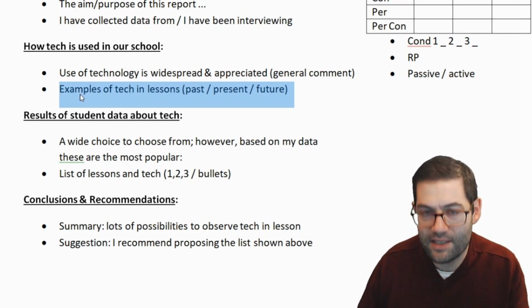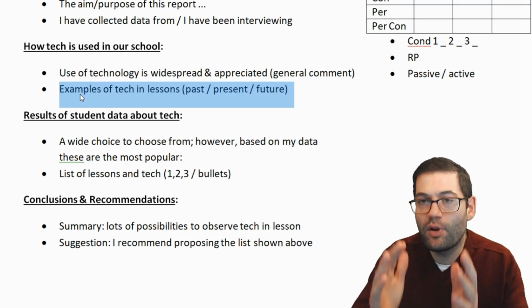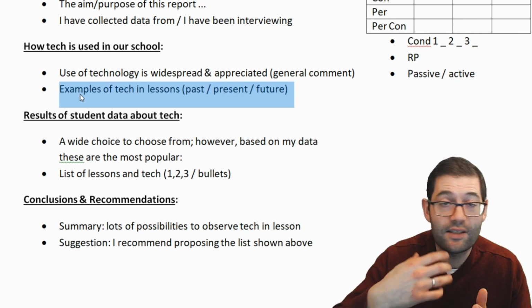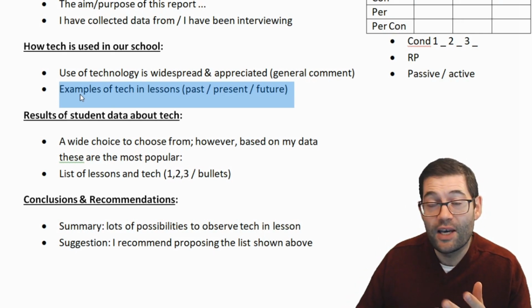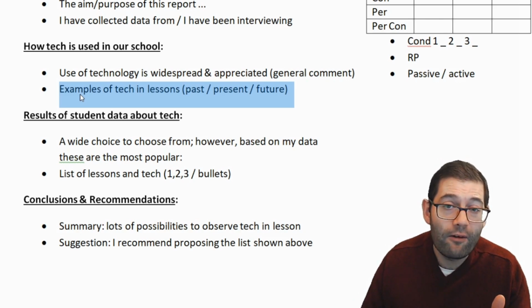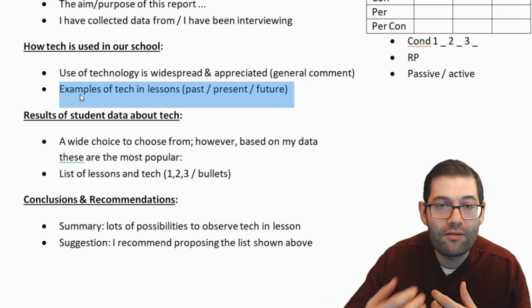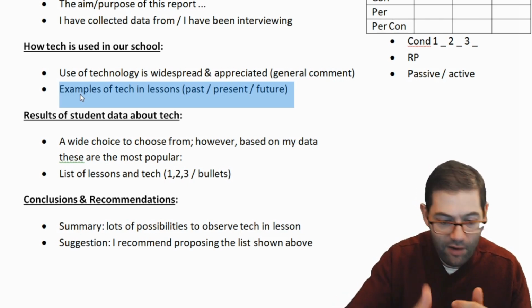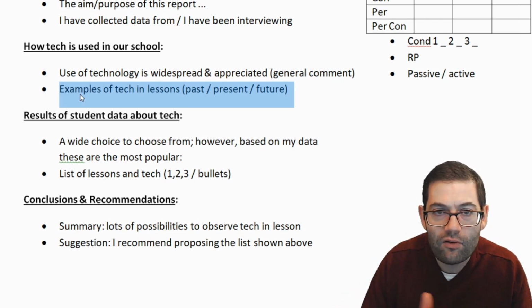Don't go crazy for lists. We don't just want to see bullet points, because there's a number of different problems with that. First of all, it doesn't give you the chance to show off your grammar skills. And secondly, it's not very realistic. And thirdly, it's a bit of a cop-out. And the examiner knows that it's going to be a fairly weak answer just by looking at it if there are just millions of bullet points in your report.